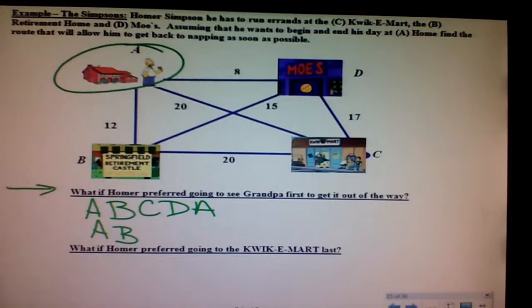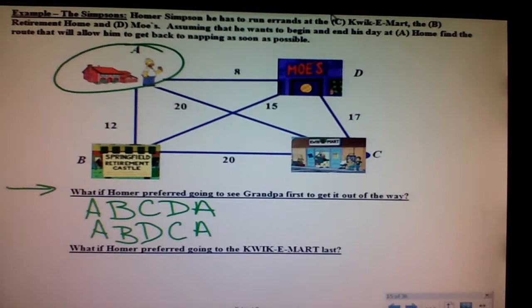Okay, so I can switch the Quickie Mart and Moe's. So we can go from the home to the retirement, to Moe's, to the Quickie Mart, and back home. Is there any other way for Homer to leave home, go visit Grandpa, visit every place else, and get back home? No, that's it.